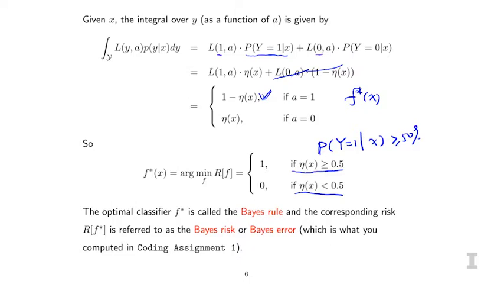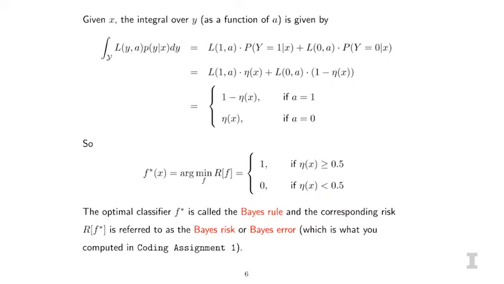And this classifier is often called the Bayes rule, and the corresponding risk is often referred to as the Bayes risk or Bayes error, which is exactly what you computed in coding assignment 1. We just showed that at every location x, if we use 0-1 loss, the optimal decision rule or optimal classifier is based on the conditional probability of y. If the conditional probability of y equal to 1 is bigger than that of y equal to 0, then we're going to output 1, otherwise 0.